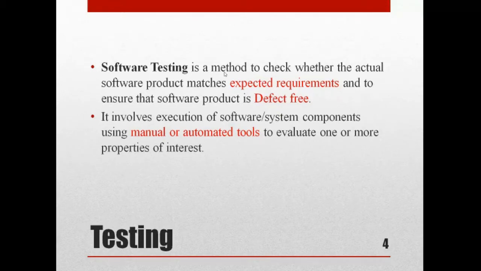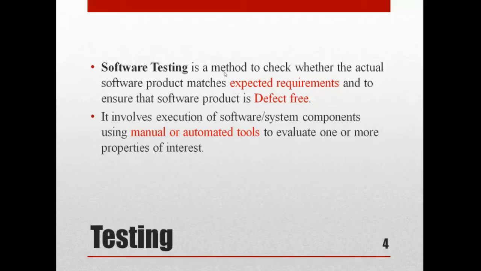Okay. So how to do the testing? There are two ways to test, right? One is you can test it manually, or you can test it with an automation tool. Both are possible. Normally the software will be made of modules or components, whatever it is.